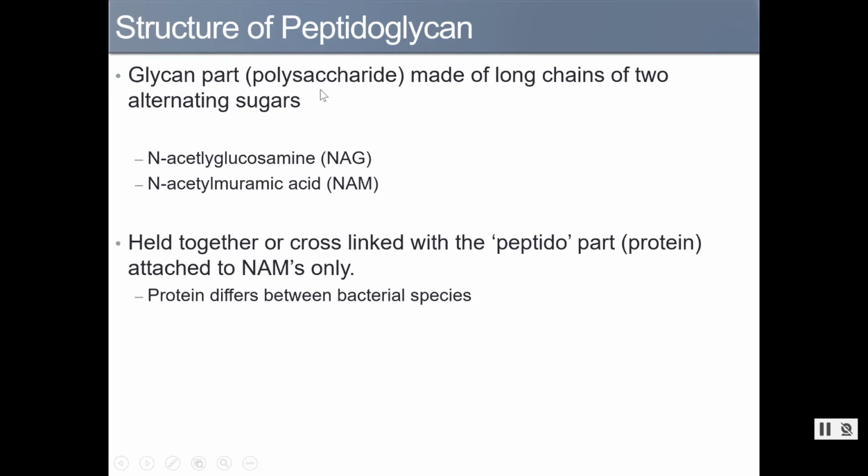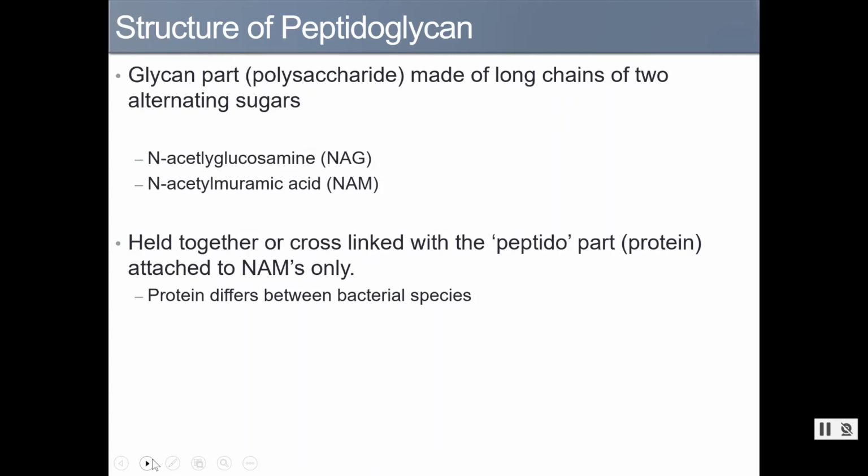So it's made of two repeated sugars, or polysaccharides. The first one is N-acetylglucosamine. The second one is N-acetylmuramic acid. They line up alternating one from the other, and then they are held together by these peptide crosslinks, these protein crosslinks. These crosslinks only attach to the NAMs, to this one sugar.